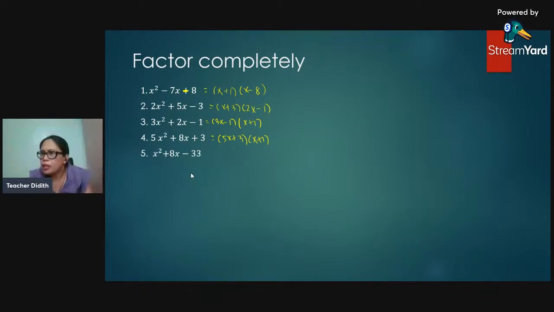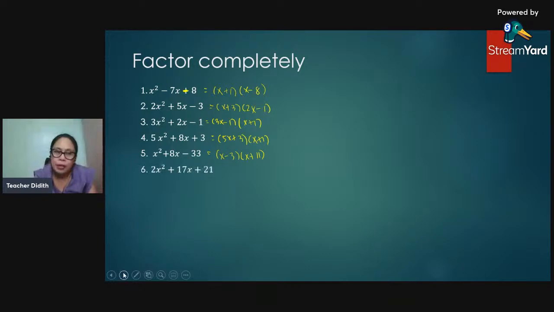Lian, Joaquin, Alan, John, Cristel. Okay, and your answer is correct, guys. So the factors for number 5 quadratic trinomial are x minus 3 and the other one is x plus 11. Okay? Number 6. Okay. Thank you for answering, guys.